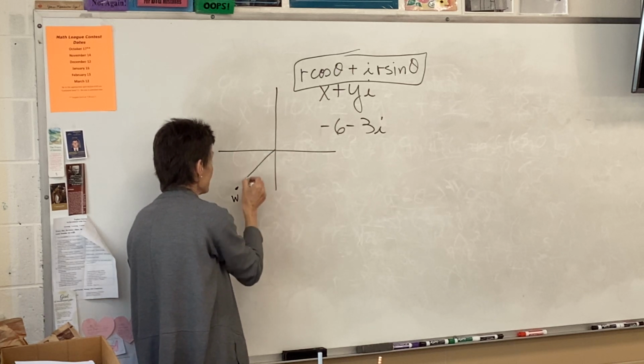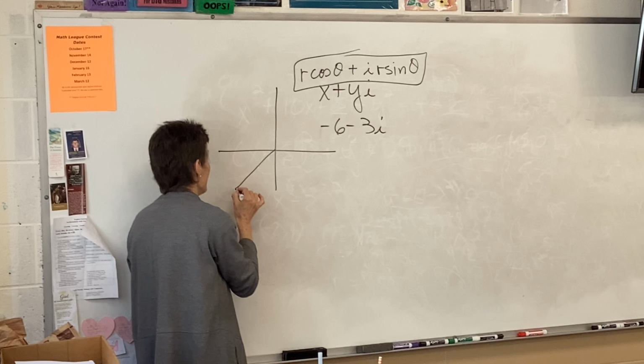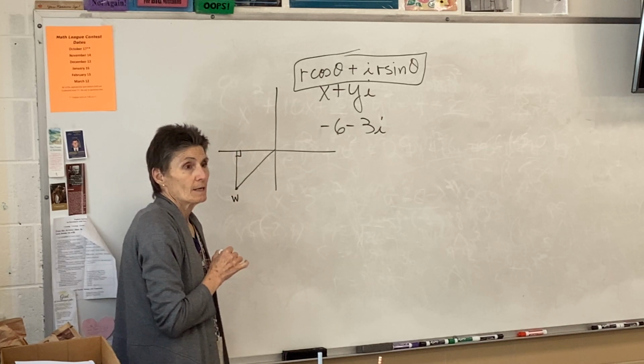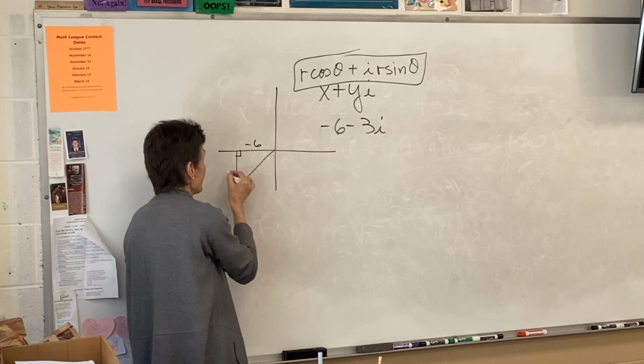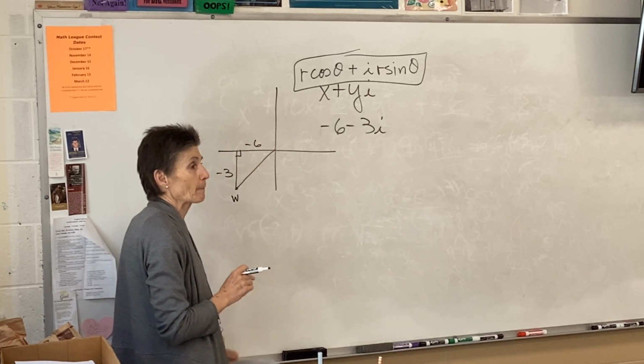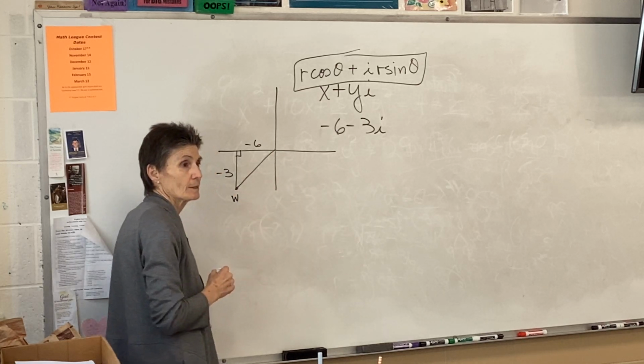So remember, it's easiest for me. You may have another strategy. I like to just make my little triangle, and I know that this is -6 and this is -3, right? Can I find my R? Yep.